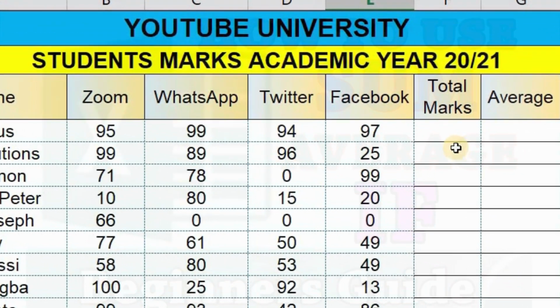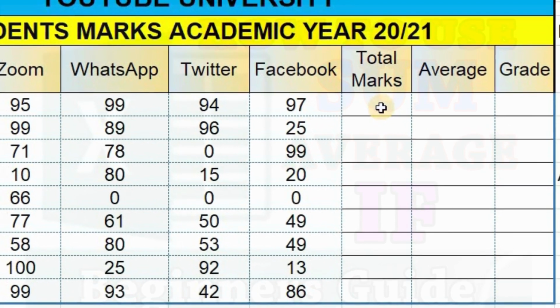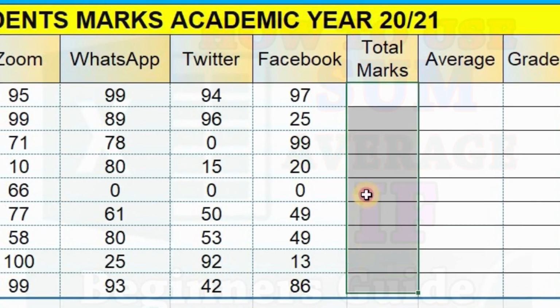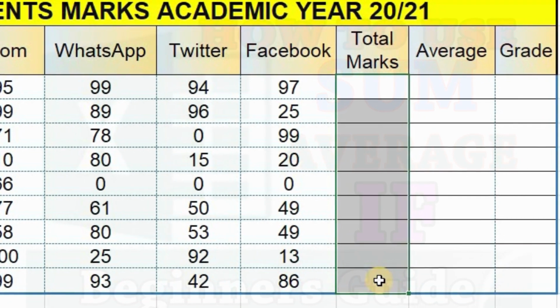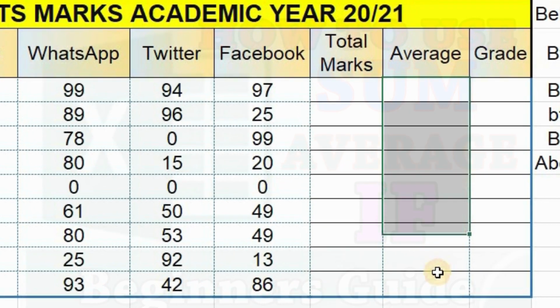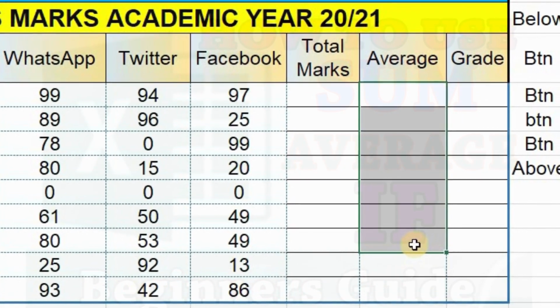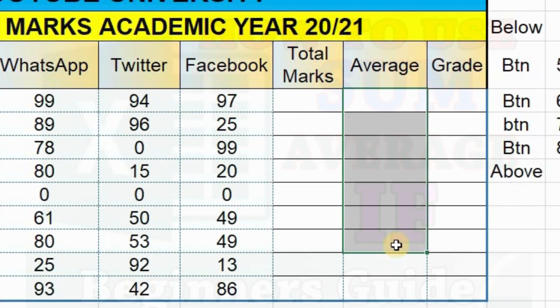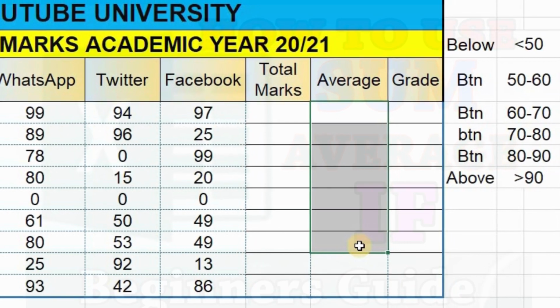Of course, we said it is sum, average, and if. We are going to use sum here because sum is just the total of something. Then average is what we call the middle, something in between. The average score is what is in between those scores.